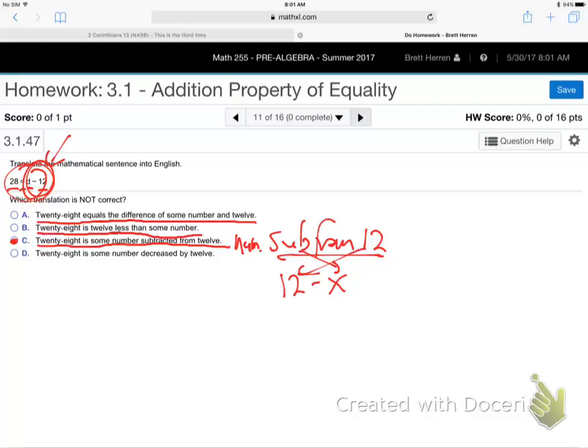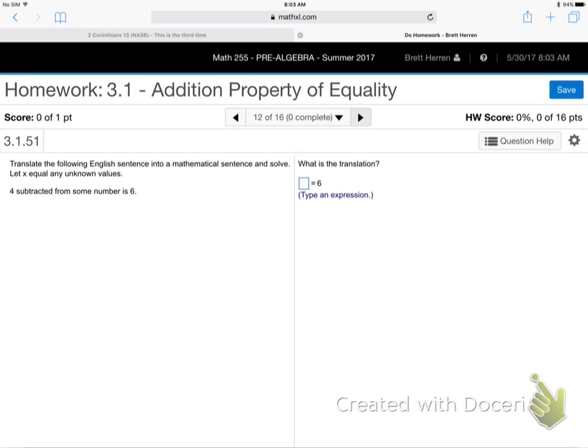All right. 4 subtracted from some number is 6.